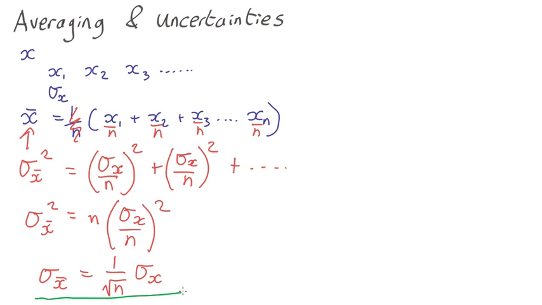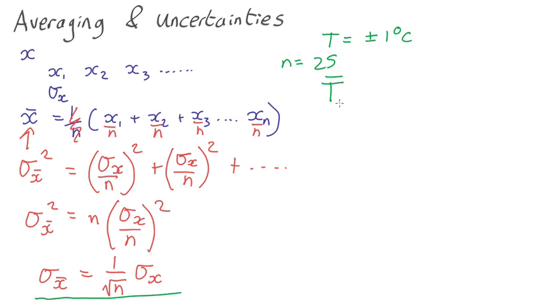So let's say, for example, you're trying to measure the temperature of a liquid, and your uncertainty is plus or minus 1 degree, but you make 25 measurements, so n equals 25, and you average all the 25.